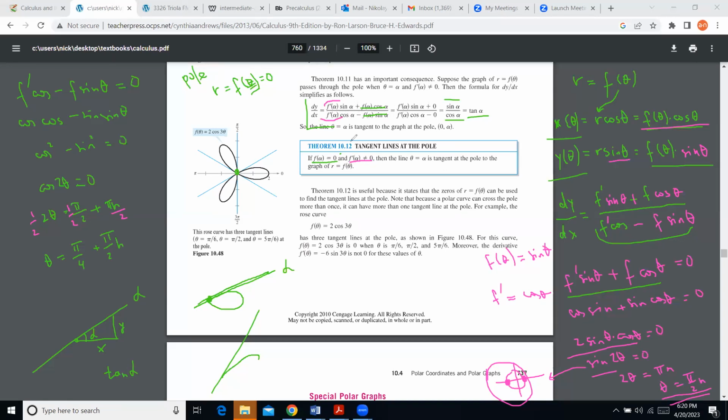We're not using it though, but making sure so they can cancel, because otherwise 0 over 0 we really don't cancel, right? It's some indeterminate form. So we want it not to be equal to 0. And this theorem helps us a lot in graphing, and we'll be using it all the time when graphing.